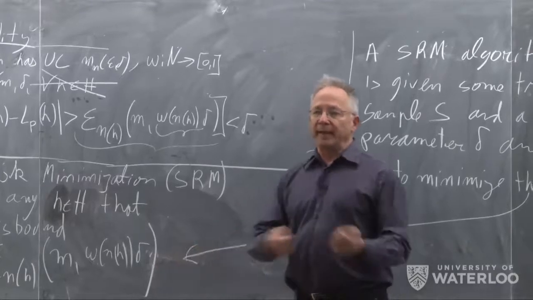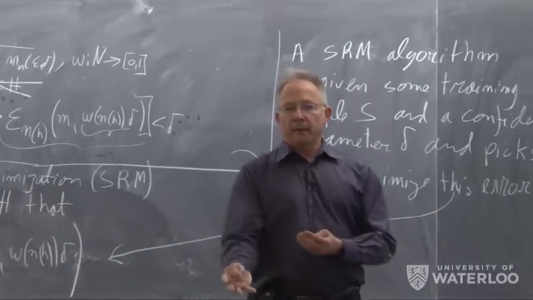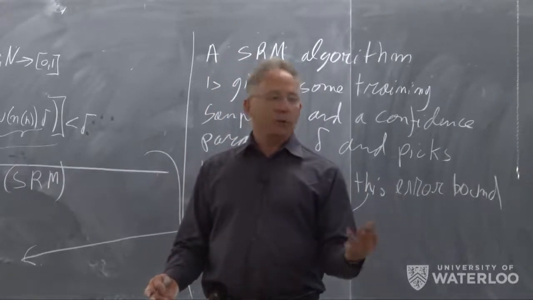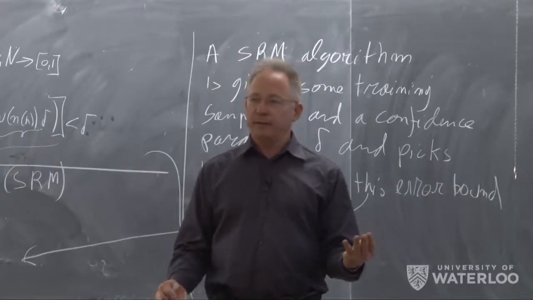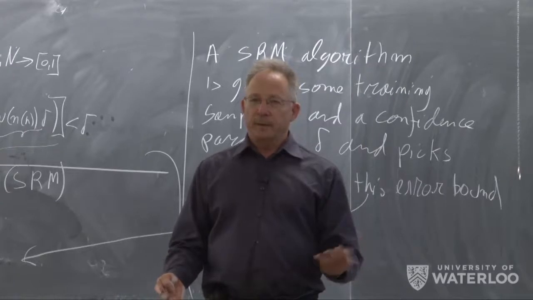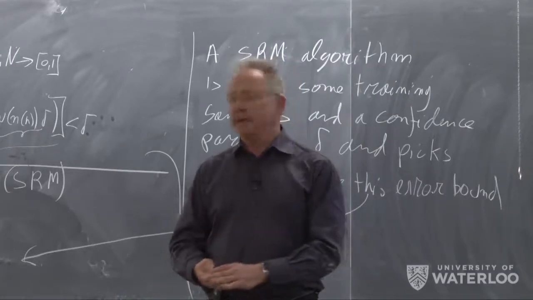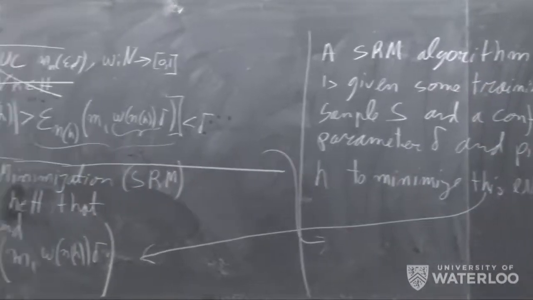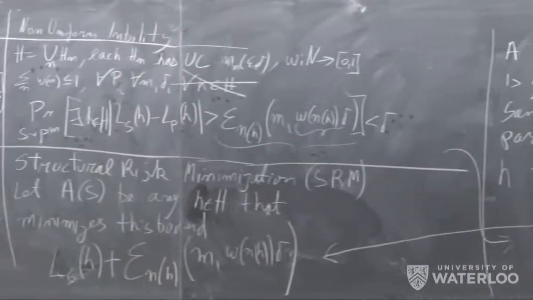So you have to trade the loss that this h gives you against the complexity of this classifier, which is a very natural thing to do. Once we begin to see what this algorithm does, we can realize also that it's a very natural thing to do.